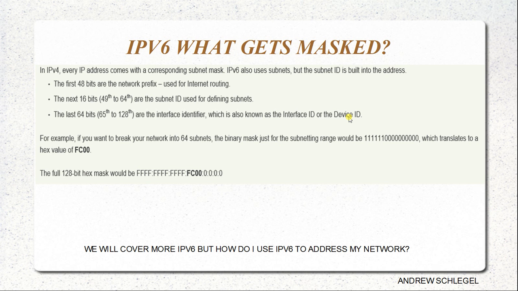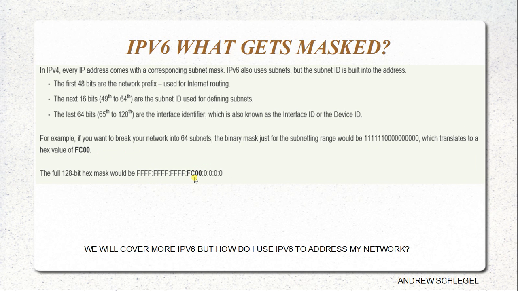So we look here, you have 1, 2, 3, 4, 5, 6, 7, 8. So we have to figure out how to modify this 4th hextet such that we can break this network into subnets, just like we did in IPv4. The process is similar, but just a little different.